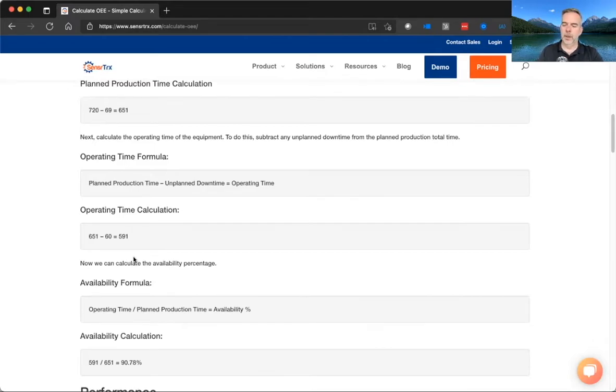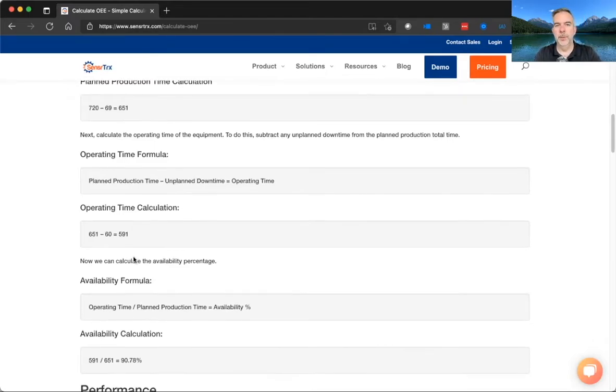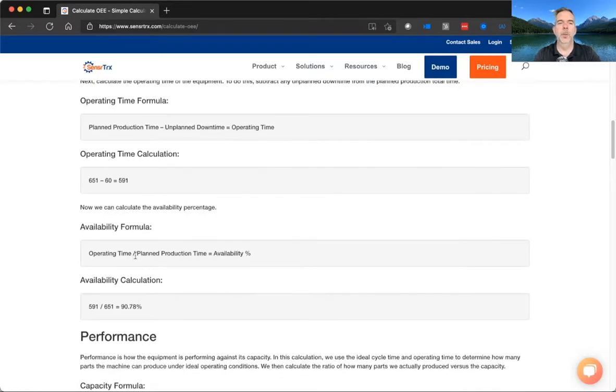Okay, so then what is our actual availability number and how do we calculate that? Well, it's operating time divided by planned production time. So our operating time is 591, planned production time is 651, and so that's how we end up with 90.78%.